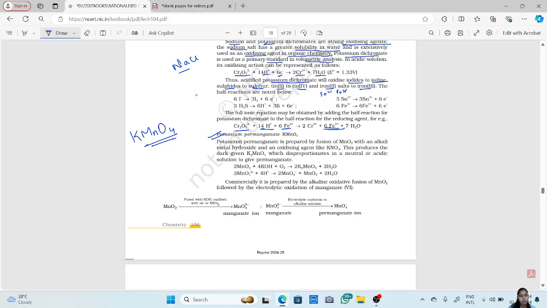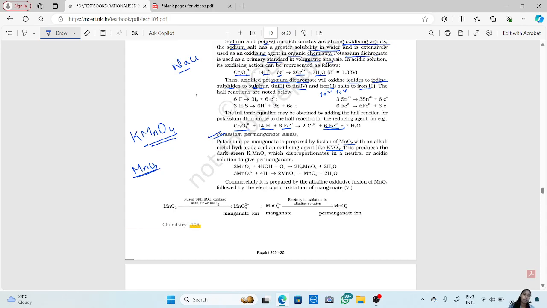Now, potassium permanganate is prepared by the fusion of MnO2 with an alkali metal hydroxide and an oxidizing agent like KNO3. Now, MnO2 is the ore.